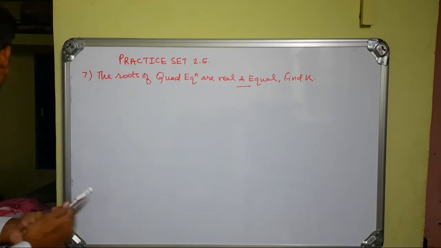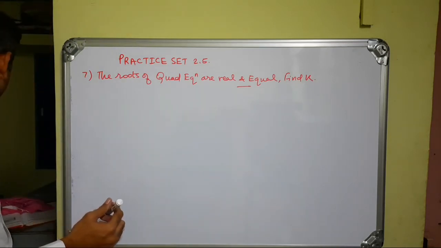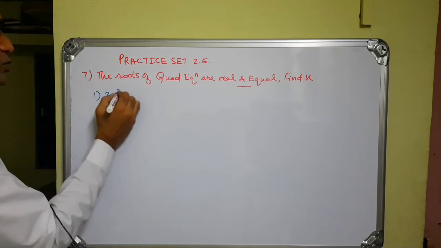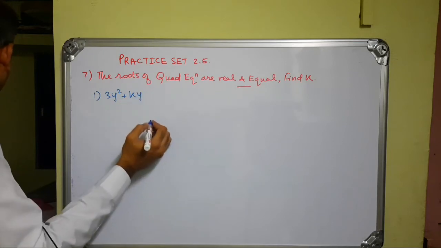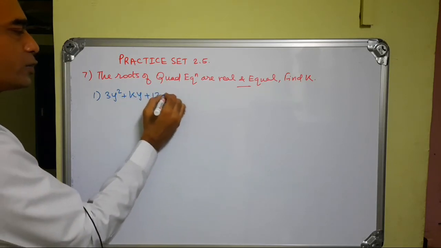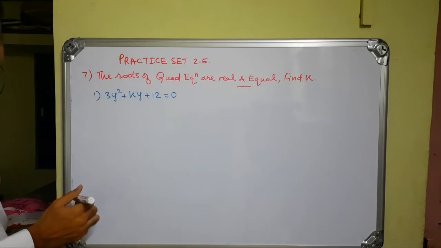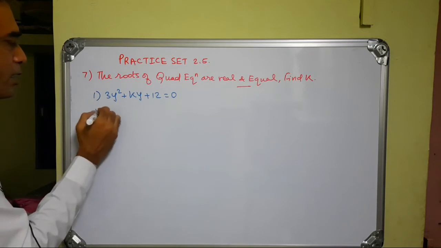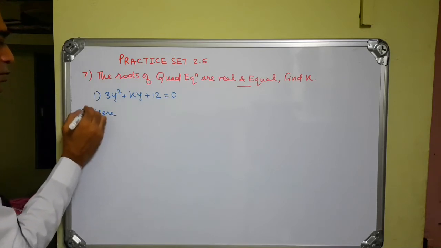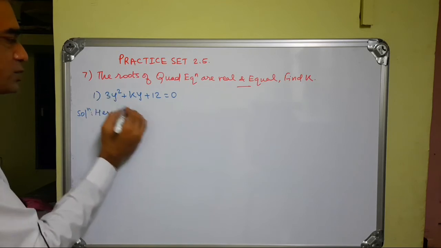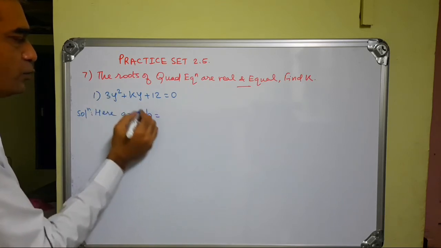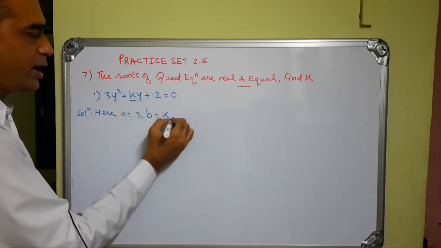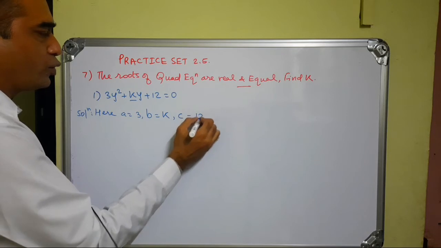Now let's start with sub question 1, that is 3y square plus ky plus 12 equals to 0. Let's first find the value of discriminant as per this equation. Here a equals to 3, b is the coefficient of y, that is k, and c equals to 12.